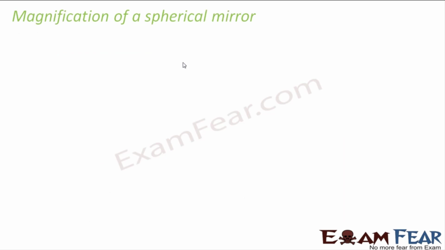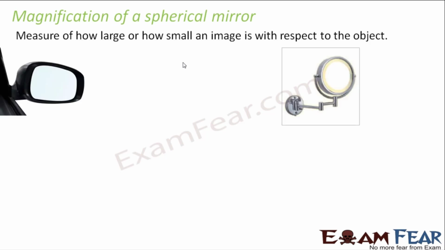So now we will talk about magnification of a spherical mirror. So this magnification is the parameter which will tell us what would be the size of the image. That means whether the image will be enlarged or diminished, or it will be of the same size. If it is bigger, how much bigger it will be. So it is a measure of how large or how small an image is with respect to the object, right?